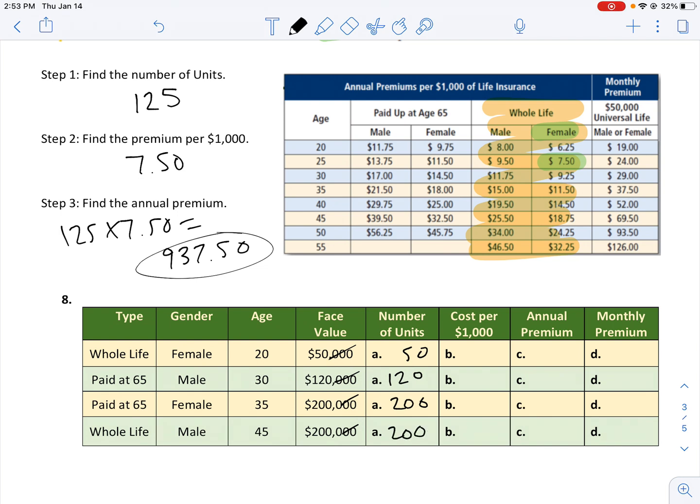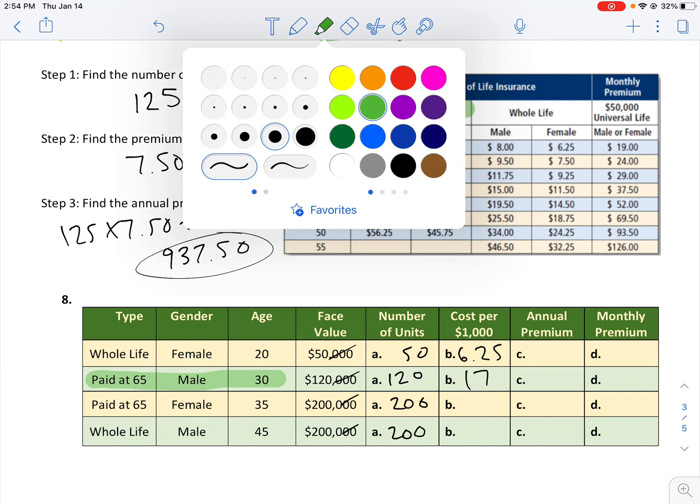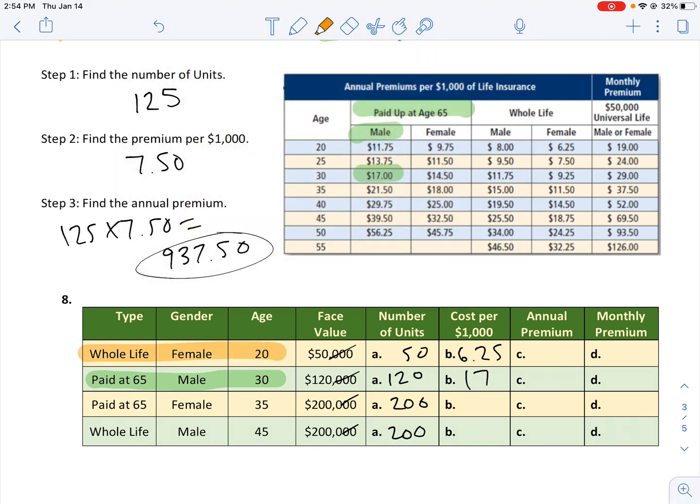Female, whole life, 20. 625. Paid at 65, male, 30. Sorry, this was whole life, female, 20.